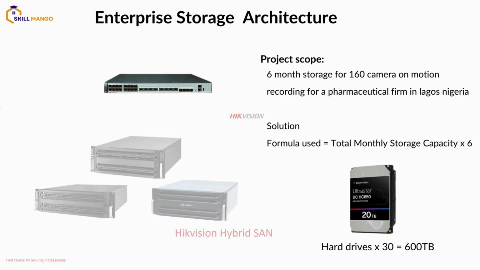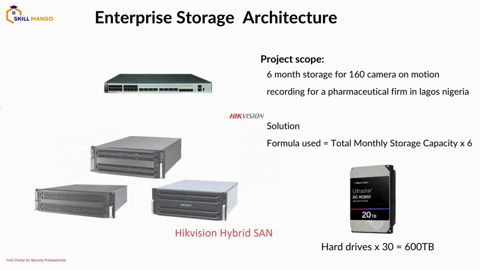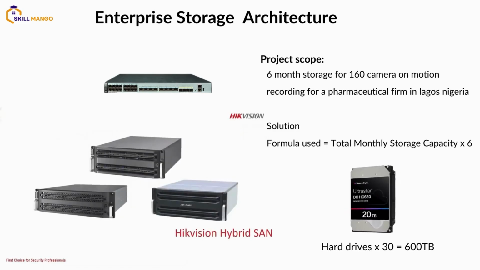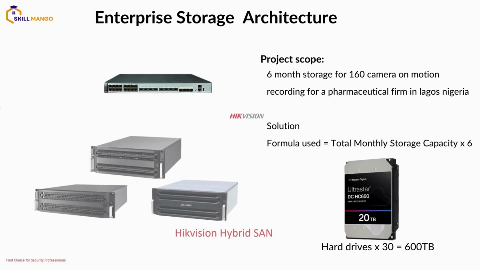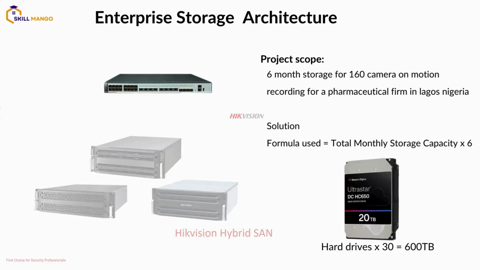We collated all the hard drives in different NVR. We collated it together, and it gave us a particular number. So that number was now multiplied by 6. Sorry for my error there. We multiply all the total number they gave us by number of months they want. So in our case, it was 100 terabytes.